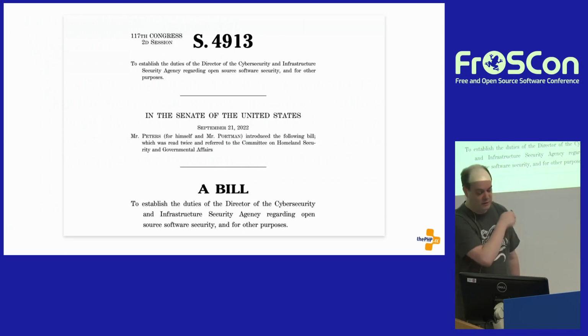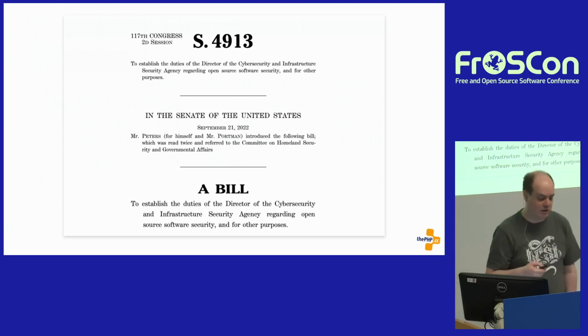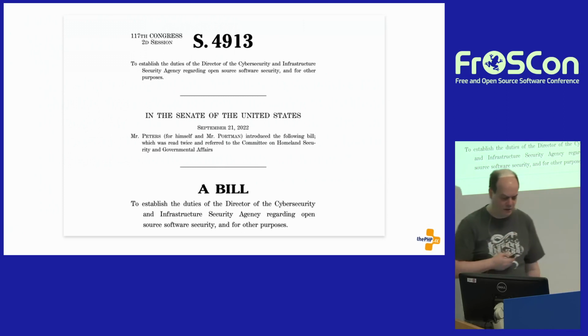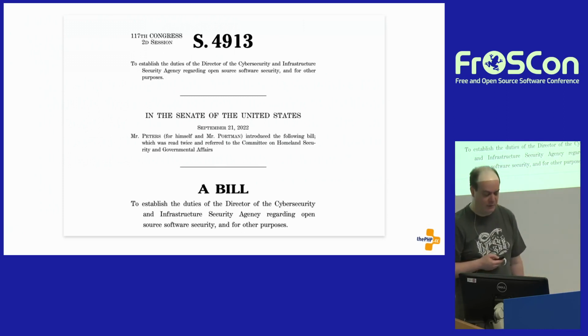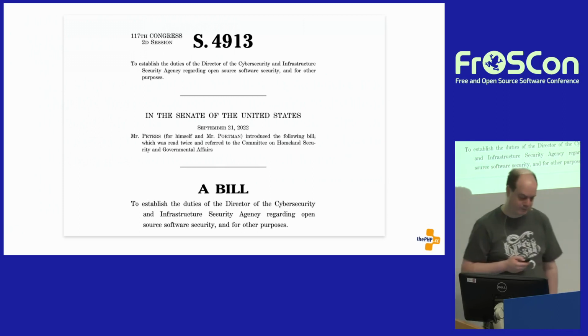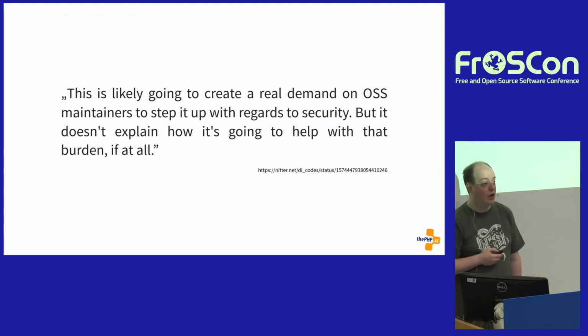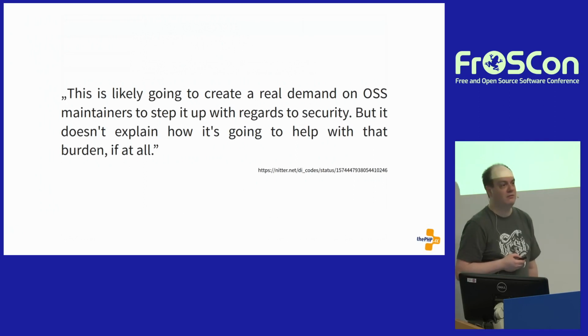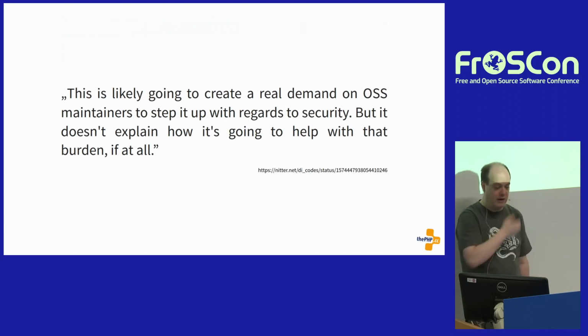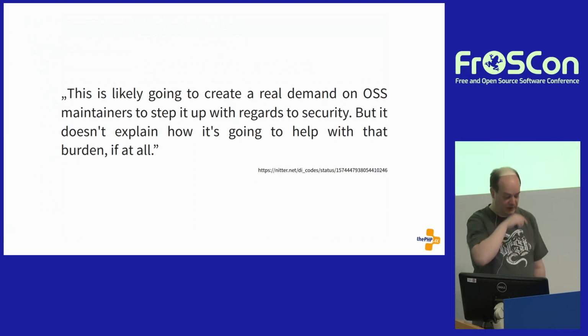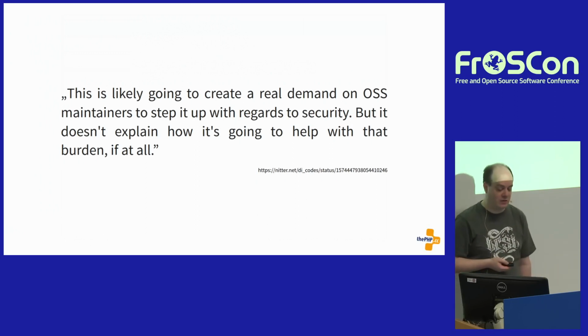So this is a bill that was entered into the US Congress last year, if I remember correctly. Yeah, September 22. And the comments on that are not very great. Yeah, here's one comment: this is likely going to create a real demand on open source maintainers to step it up with regards to security.